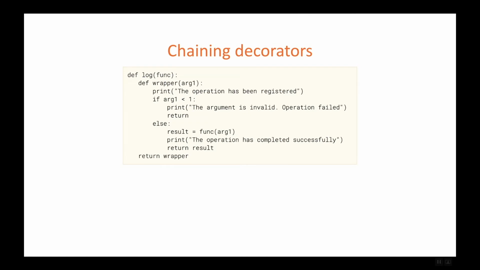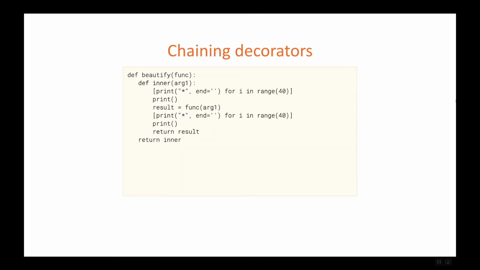So here's an example. Let's say we have our log function with our operation. We've used this log function in the past and we know what it does, right? It checks for the argument. If it's smaller than 1, the argument is invalid. Otherwise, it calls our function. But next up, I want to have another decorator, something like beautify.